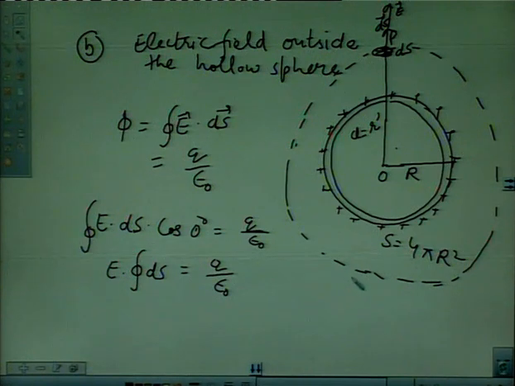So its surface area S dash is equal to 4 pi into r dash square, since its radius is r dash.